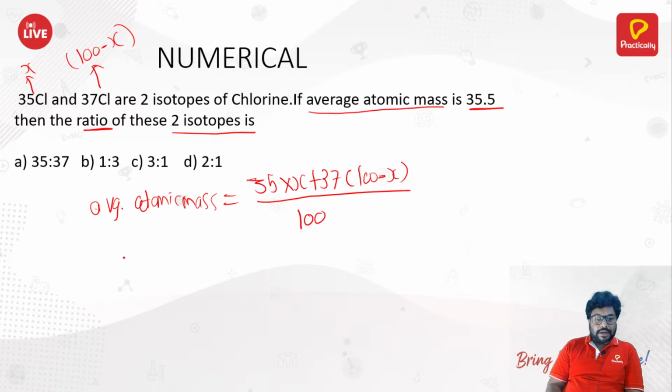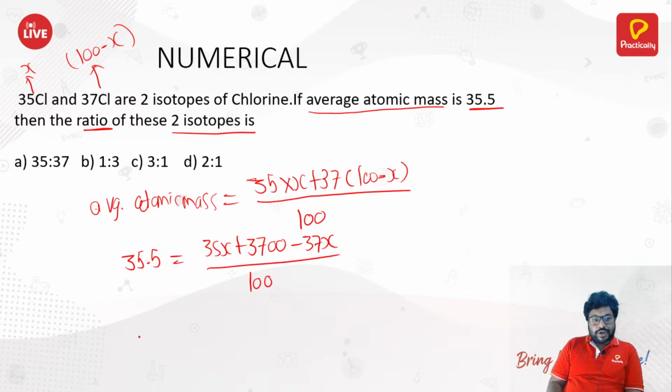So average atomic mass is given 35.5, right? It is equal to 35x plus 37 into 100 minus x, that is 3700 minus 37x, divided by 100. 100 goes that side. What do you get? 3550 is equal to 35x minus 37x plus 3700.